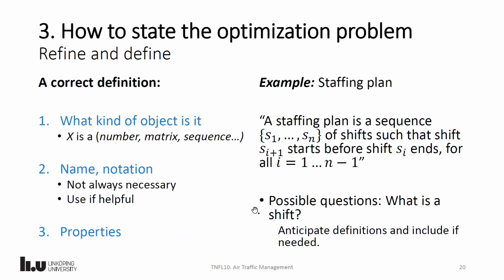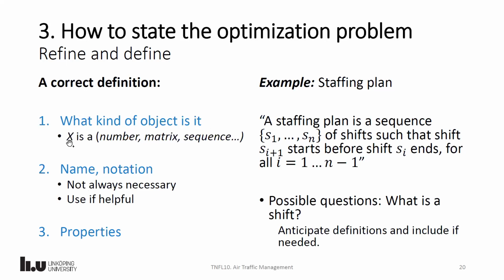So for the definition part, these are the three things that you're going to need when defining something. First, you have to know what kind of object it is.